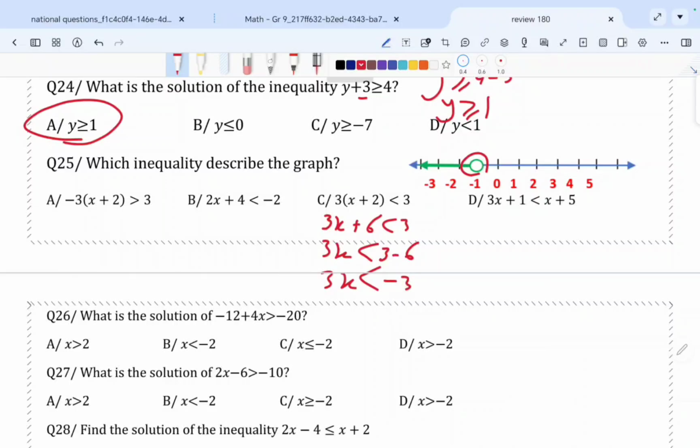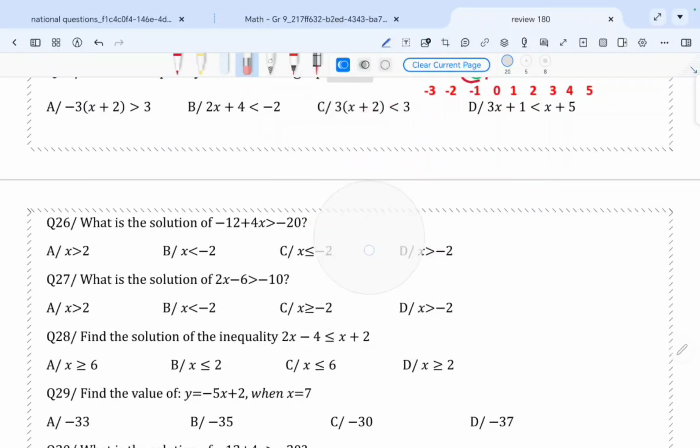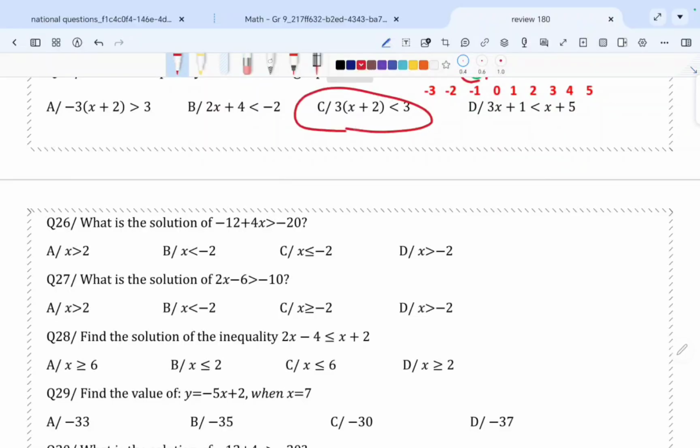How to get rid of 3? Divide by 3. X is less than negative 3 divided by 3, which is negative 1. So the graph is x less than negative 1. It faces the number, that's why it goes to the left. So C is the correct answer.